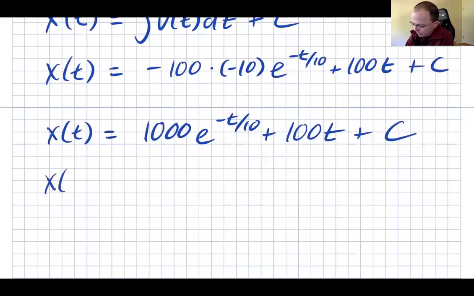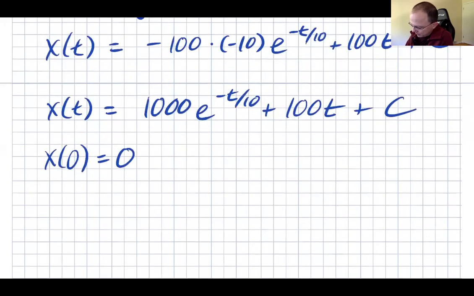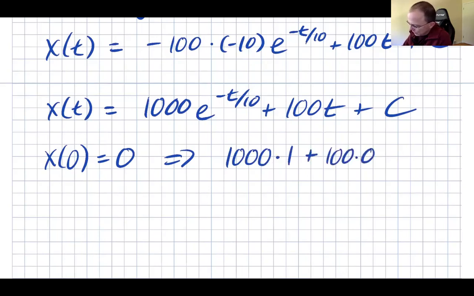And we're going to be starting at 0. I guess we should write that up here. So x of 0 is equal to 0. So what does that imply? So we will have 1,000 times e to the 0 is 1 plus 100 times 0 plus c is equal to 0. So that means that c is equal to negative 1,000.